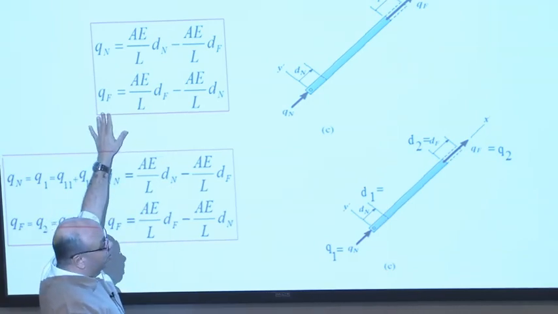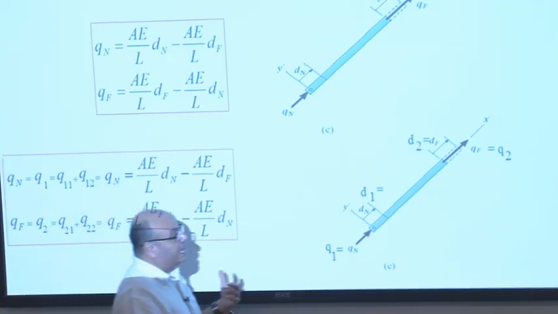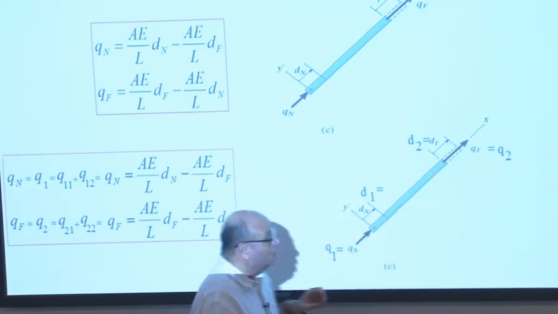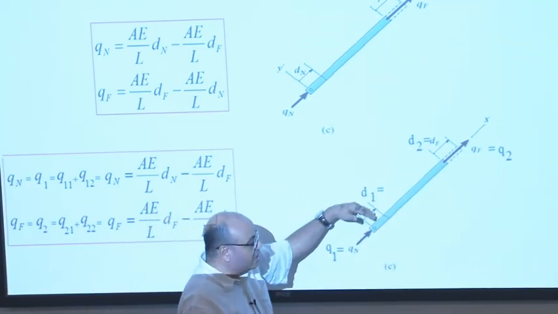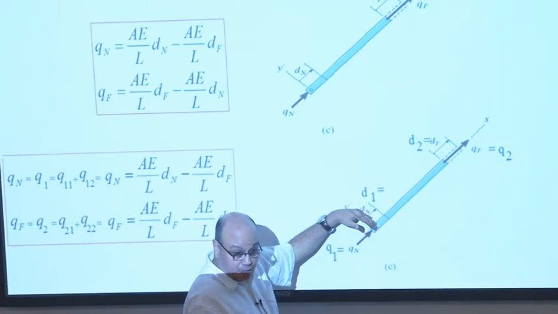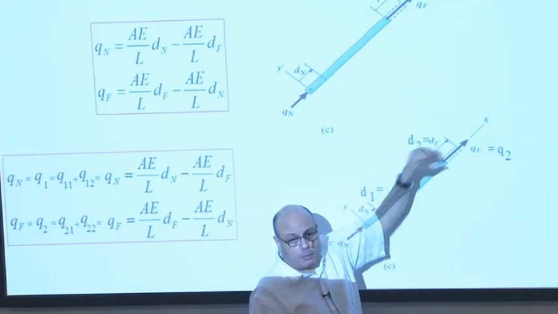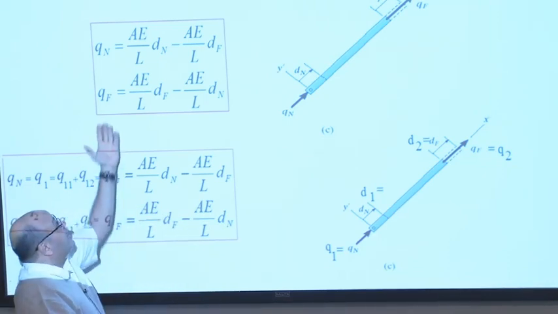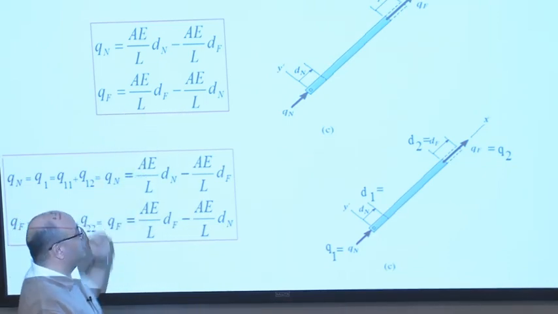For the second one, which is what is the force developed at the far end, something like here, what is the force developed here? Due to unit deformation at the first node or the near end, and unit deformation at the far end or node 2, that is going to give you this equation right here.